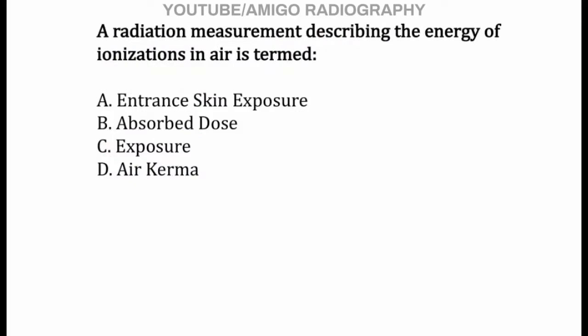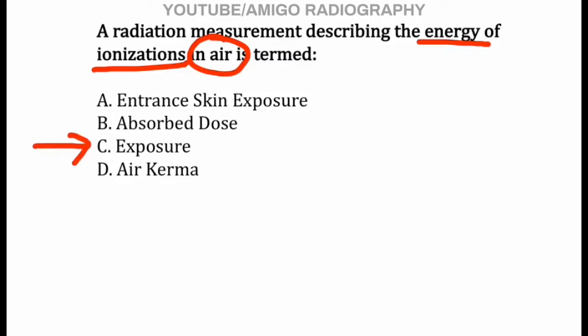Here's another question. Again, not a mathematical problem, but it is a conceptual issue. A radiation measurement describing the energy of ionizations in air is termed which of these? So the key words here are energy of ionizations in air. Because it's talking about measuring radiation in air, we might be tempted to pick exposure.